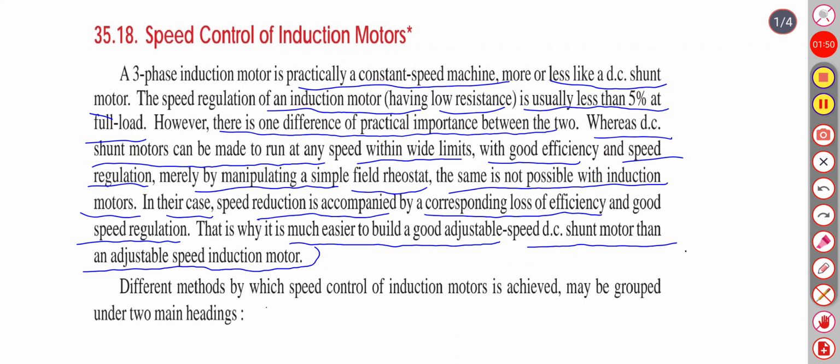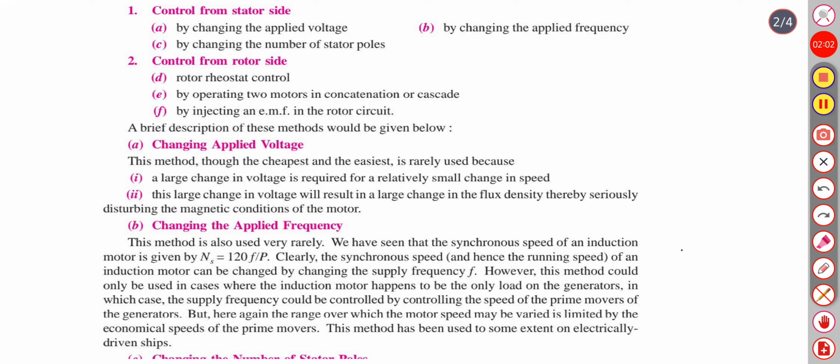Different methods by which speed control of an induction motor is achieved may be grouped under two main headings. First is control from the stator side and second is control from the rotor side. Control from the stator side is by changing the applied voltage, the number of stator poles, or the applied frequency.